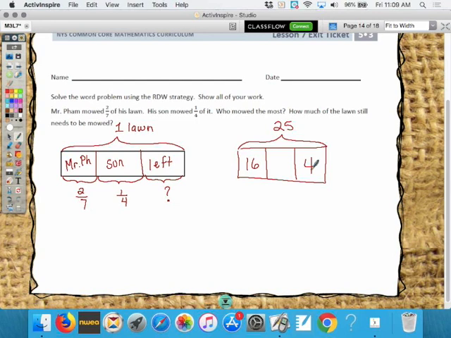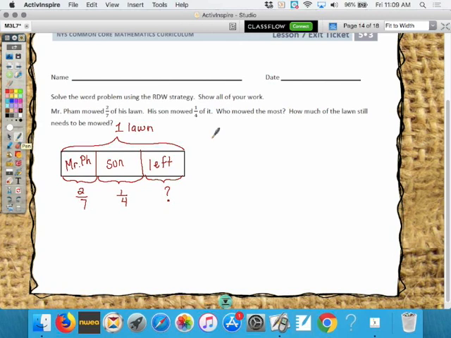And then we automatically know that 20 plus 5 is 25. Or we might have done 25 minus 20 equals 5, okay? So the same strategy still applies. We're going to add those 2 together and subtract from the total. What's the total today? 1 whole, okay? So we'll add these together, subtract from the whole.